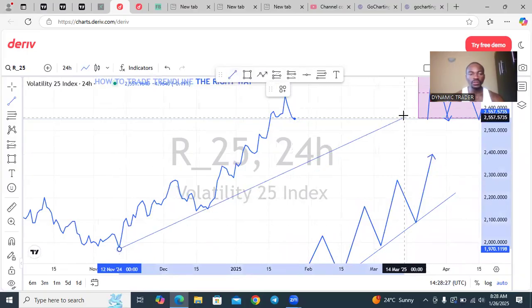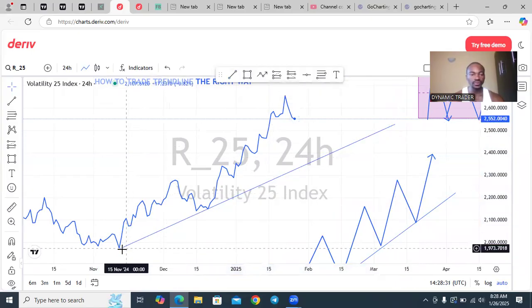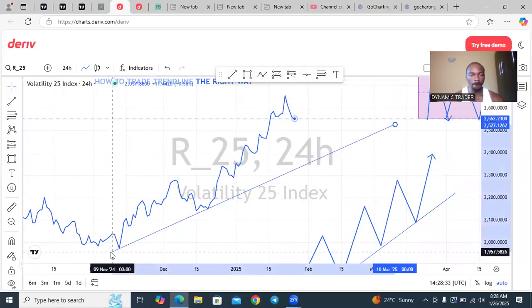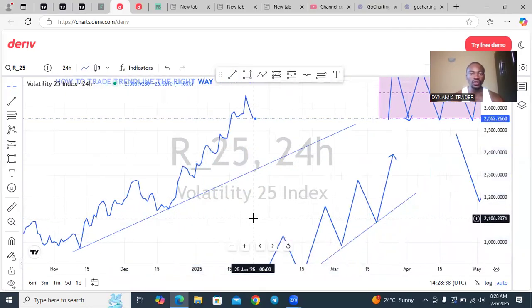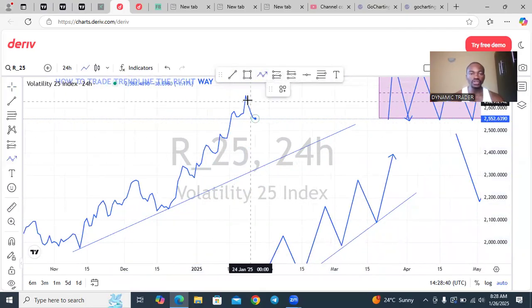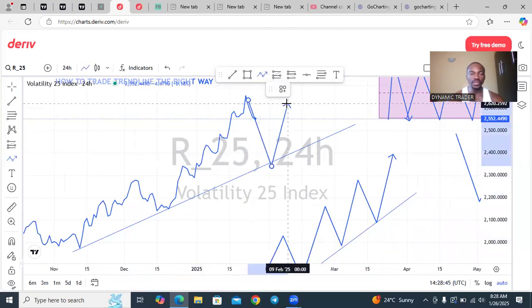This is one. This is two. So basically you can say this is point one, point two. So technically, the market should come to this point, point three, then go to the upside.